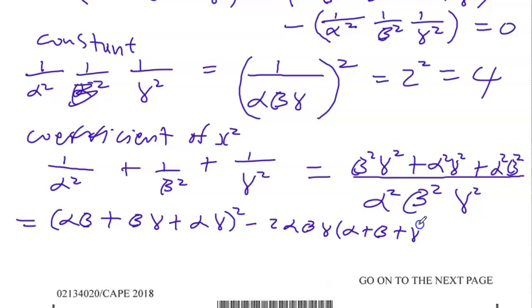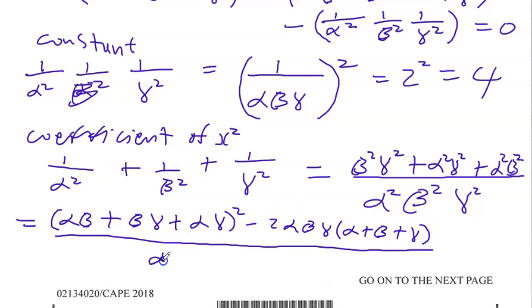And all of this is over the denominator alpha square beta square gamma square. Let me write the denominator differently. Since all of them have a square term, it's alpha beta gamma all square. And all these values we have, so let's plug them in.